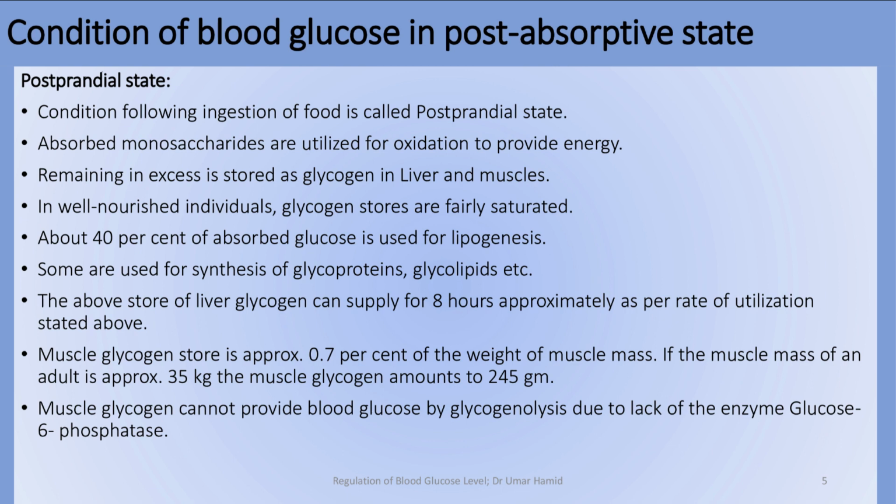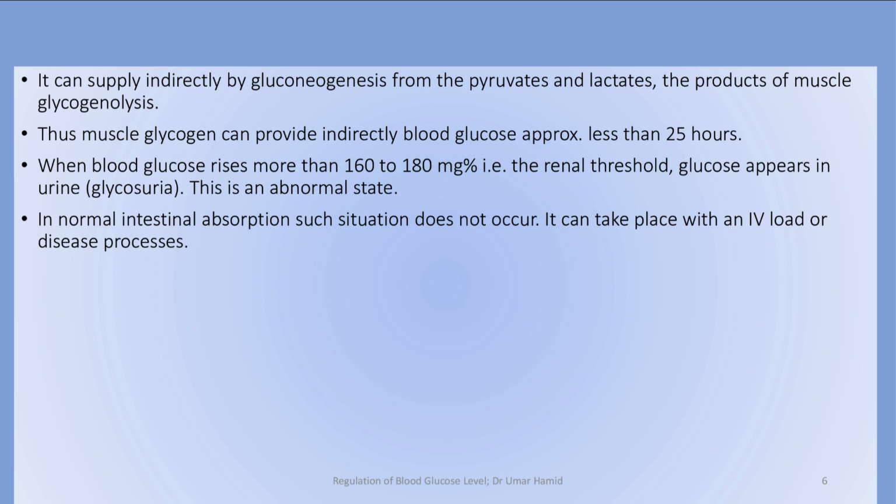End product from muscle glycogen is transported to liver, where it is finally metabolized by glucose 6-phosphatase, which is only present in liver. It can supply indirectly by gluconeogenesis from the pyruvates and lactates, the products of muscle glycogenolysis. Thus muscle glycogen can provide blood glucose indirectly for approximately less than 25 hours.